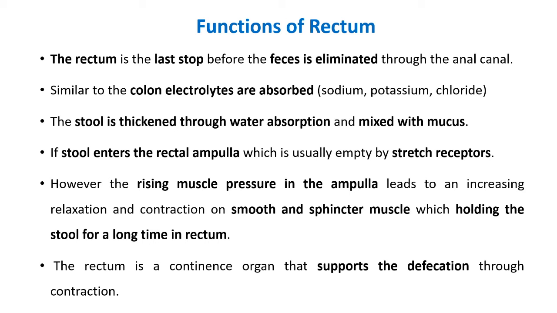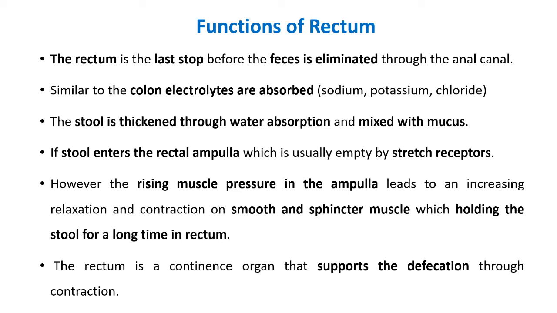Whenever undigested food is deposited into the rectum, it is always temporarily deposited there. So whenever the food is deposited into the rectum, the important nutrients in the fecal matter are also absorbed through the rectum.